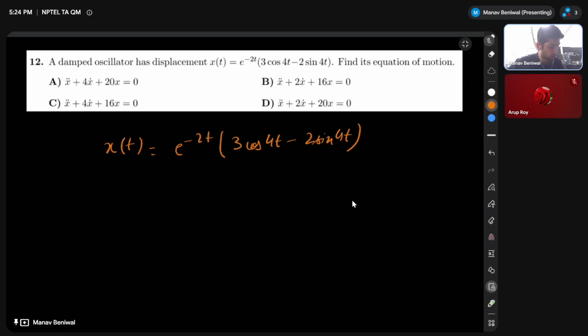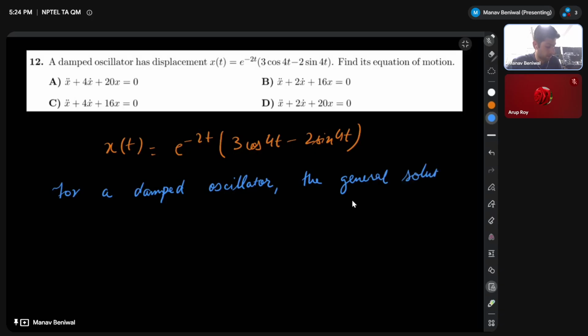The general solution for a damped oscillator is given as x of t is e to the minus gamma t.